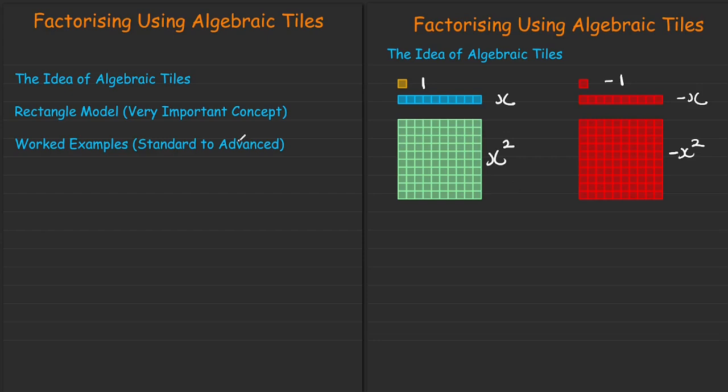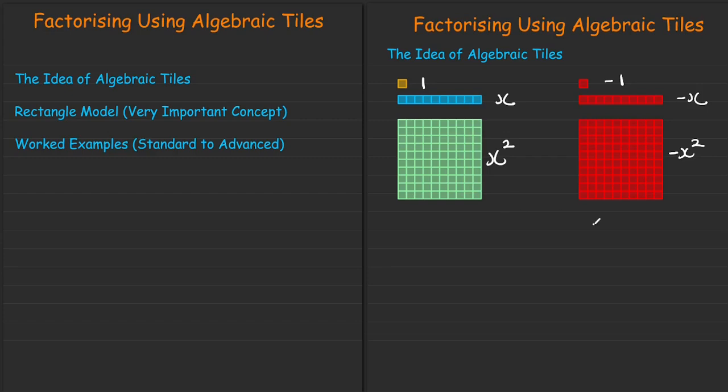What this method does is it connects geometry to algebra. By using squares, rectangles, and the very small cube, you are able to see the link between geometry and algebra, and it makes quadratic equations very easy to understand.